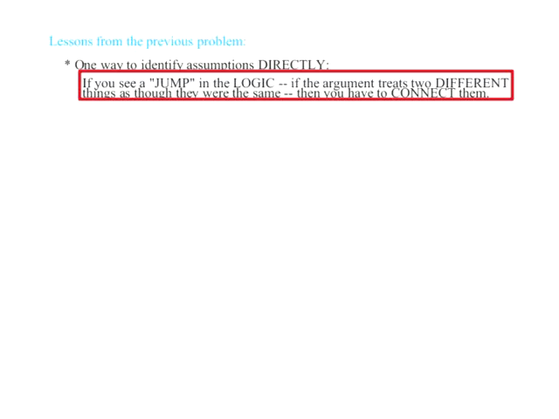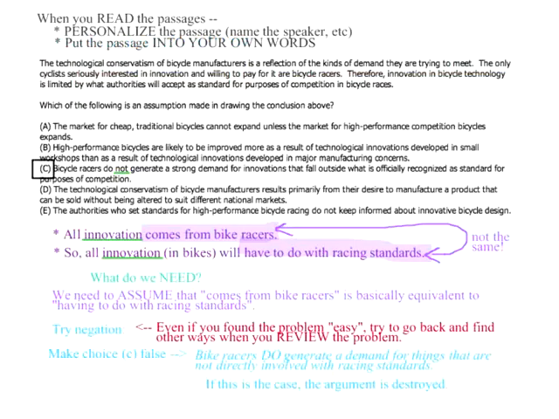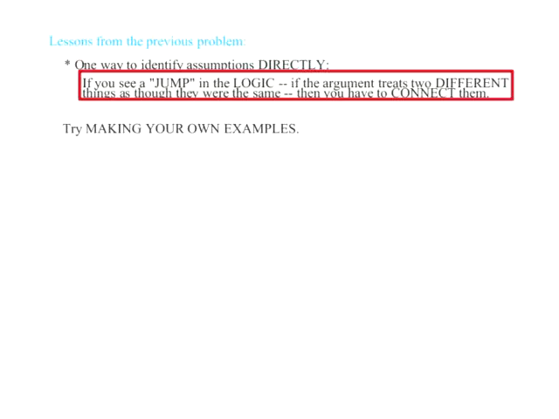To get more personally involved with this material, try making your own examples. So in this example, the disconnect was between bicycle racers want it, and it has to do with racing standards. Those are not the same.